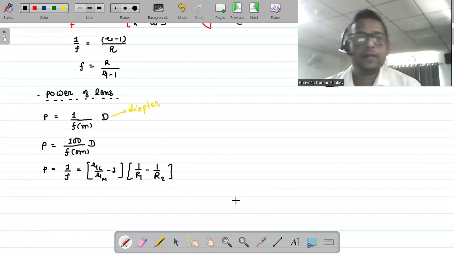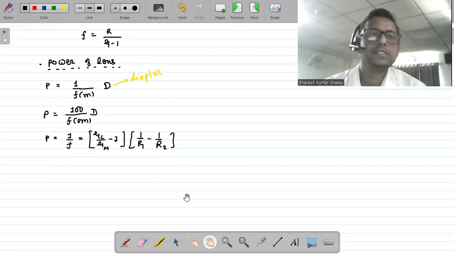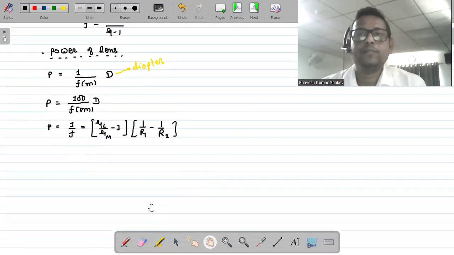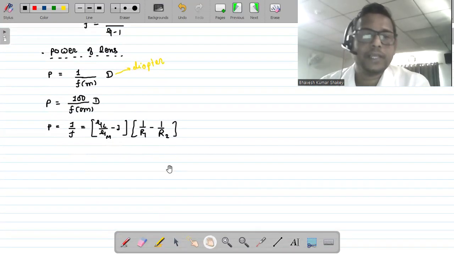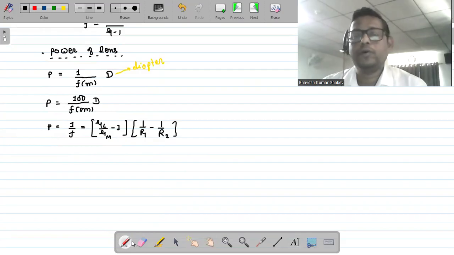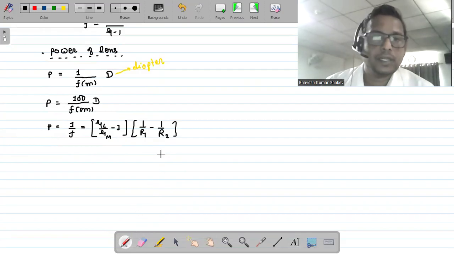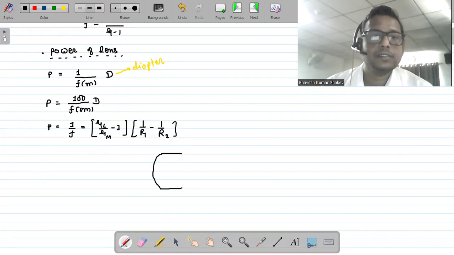Now let's take the last example for this lecture. You all know about our sunglasses. You can see that the sunglasses are like this. The spherical surfaces in sunglasses are like this one and this one.